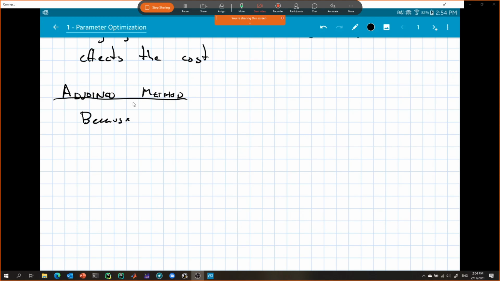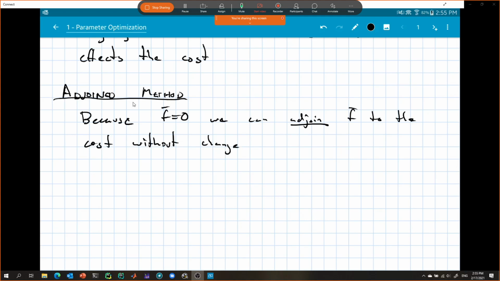Because F is equal to 0, we can join F to the cost without changing its optimal value, at the solution.